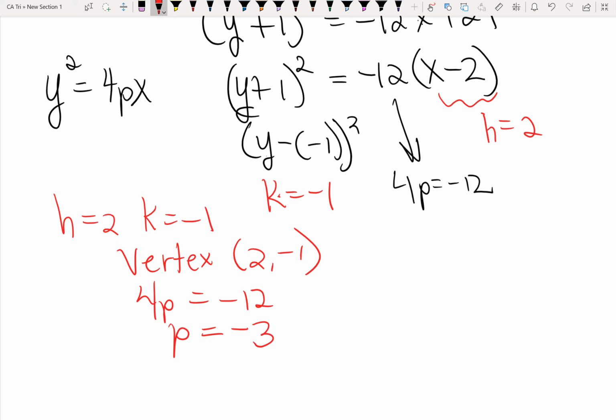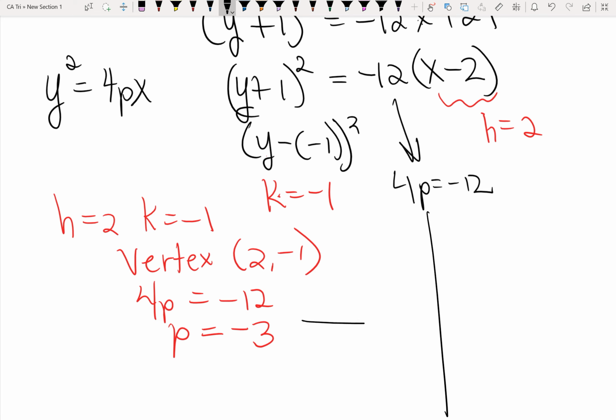Okay, we also see that because p is negative 3, the focus is 3 units to the left of the vertex. So we'll find the directrix as well using that information.